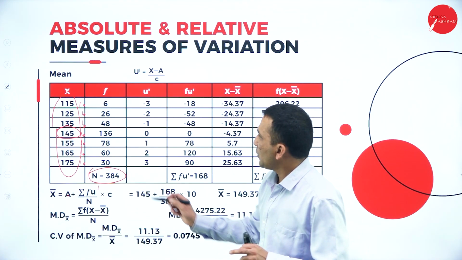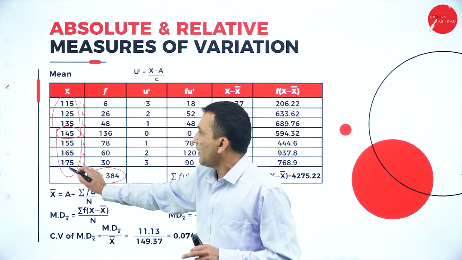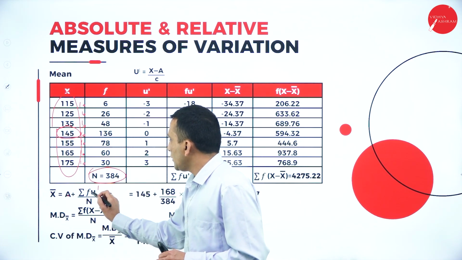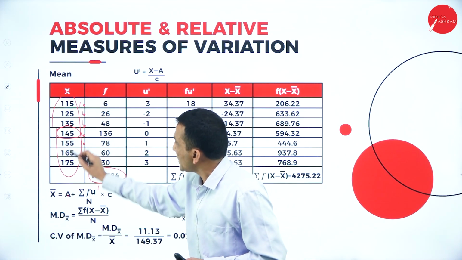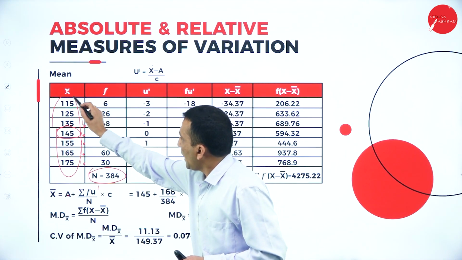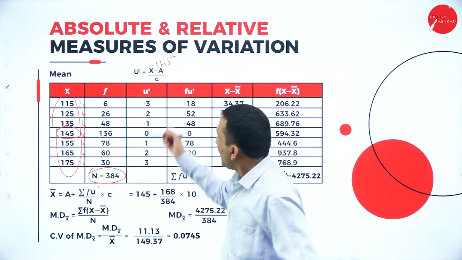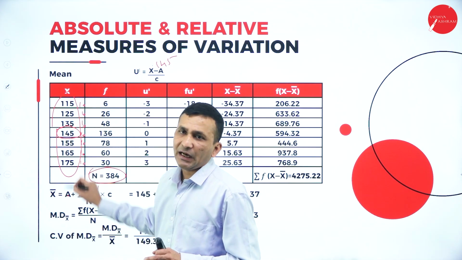Why are we writing u dash? Because it is an equal distance problem, each and every number is getting a 10 difference. The u dash formula I have written just for your understanding: from the X series, X minus A, in this case I have assumed 145 as your assumed mean, divided by C. Why have I written C? Because of equal distance, I am getting a 10 difference.